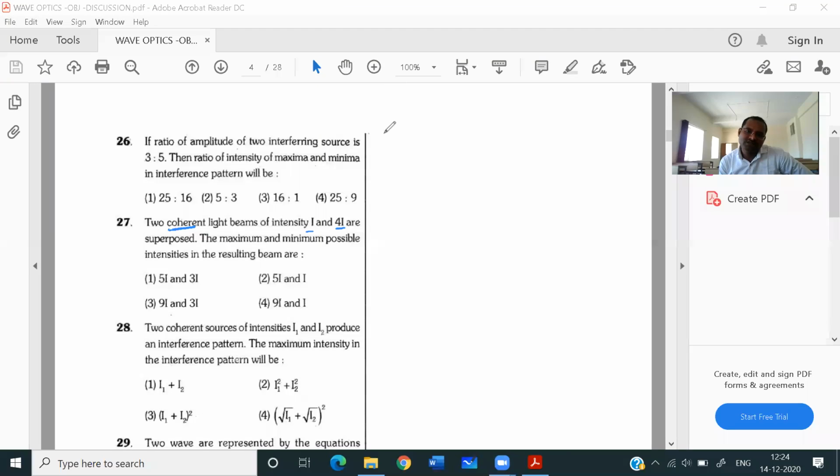See, two intensities are given. Resultant intensity formula is I1 plus I2 plus 2 under root of I1 I2 cos phi. Maximum intensity we will get when cos phi is equal to plus 1.